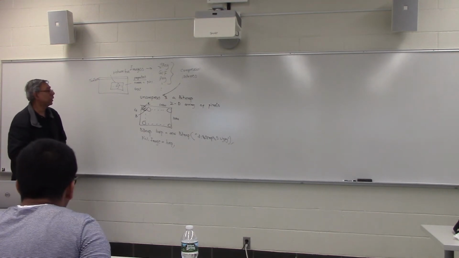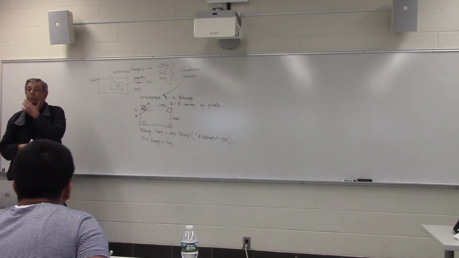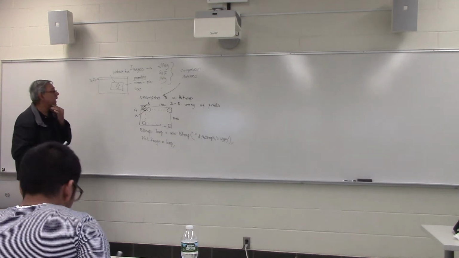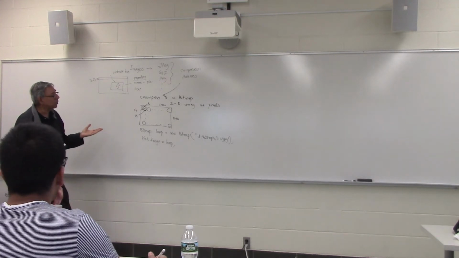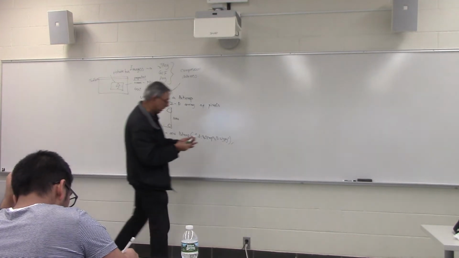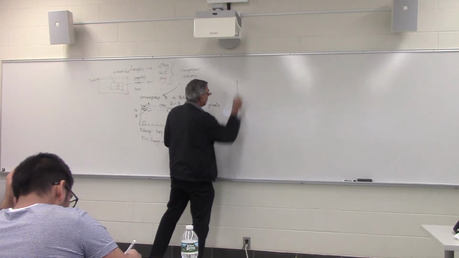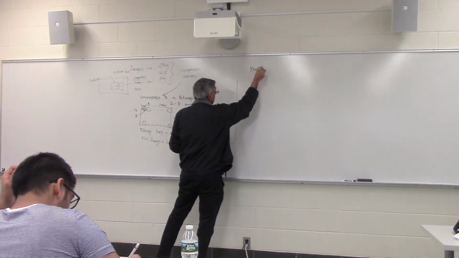So today what we'll do is we'll take a look at the further processing of images. Last time we talked about some simple processing. So now let's take a look at processing an image.